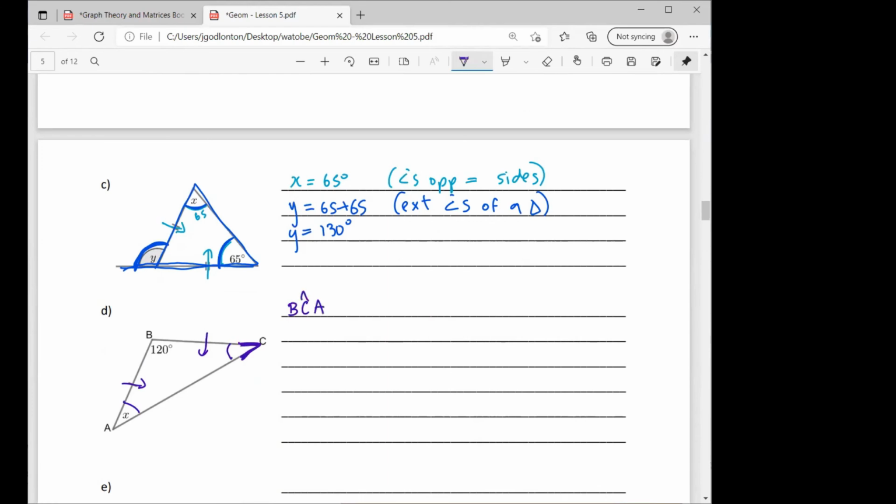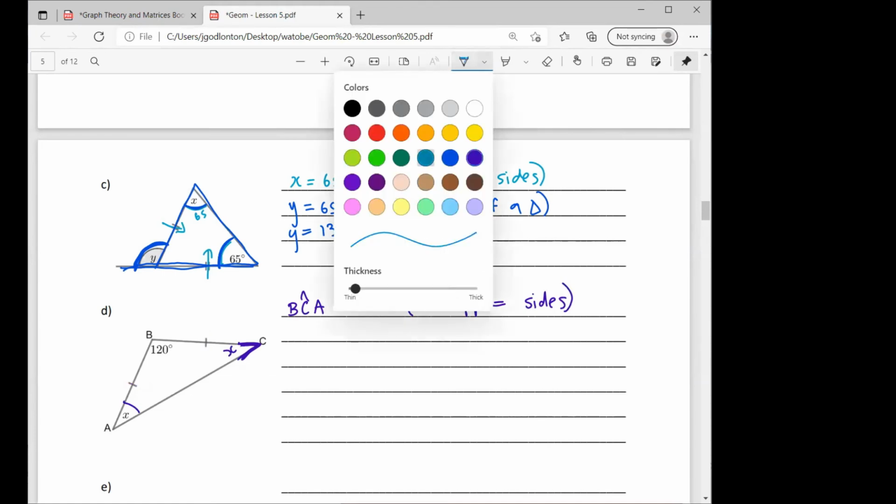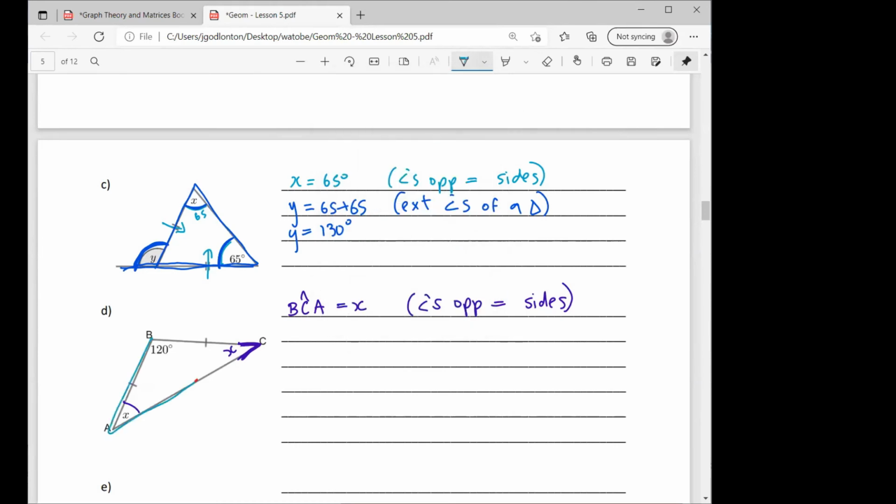BCA, which means I'm talking about that angle, is equal to X because of angles opposite equal sides. Okay, so now I know that this angle in here is equal to X. Then I can work with the idea that all of these together have to equal 180 degrees.